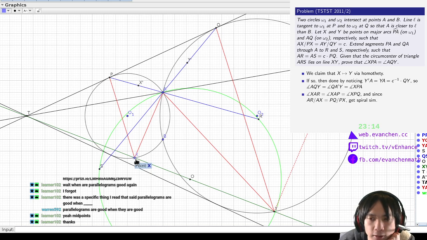Well, I have control over XAR. I can switch it from control over XPR. So that doesn't tell me anything about this.